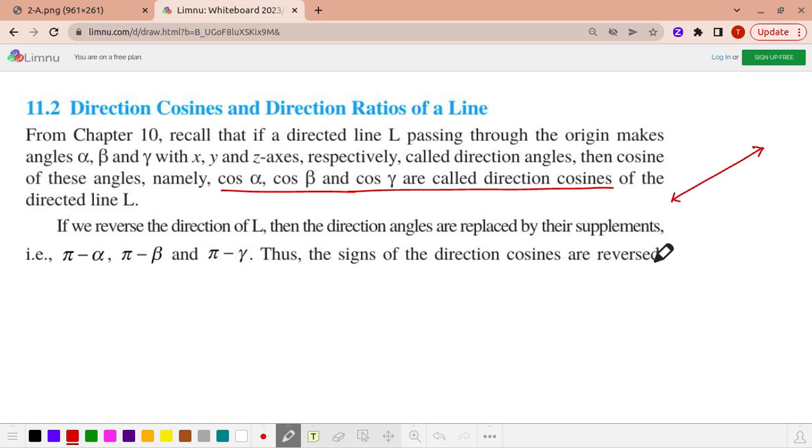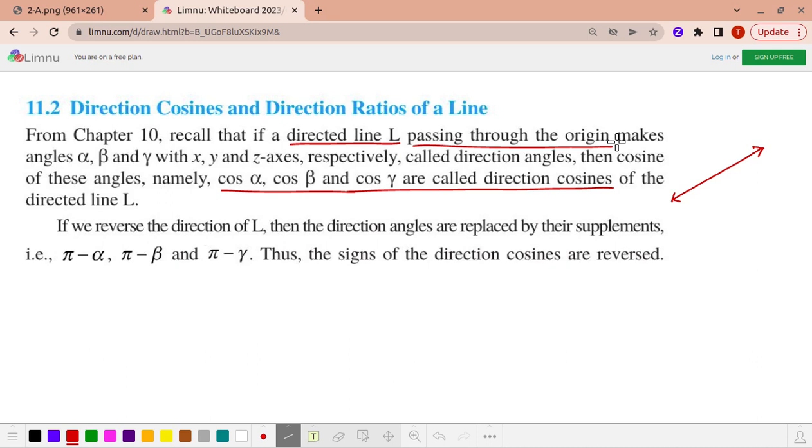So if we consider any one direction, that is called the directed line. So this is a directed line L passing through the origin. After some time we will discuss how to find the direction cosine and direction ratio if a straight line is not passing through the origin, after a few minutes.